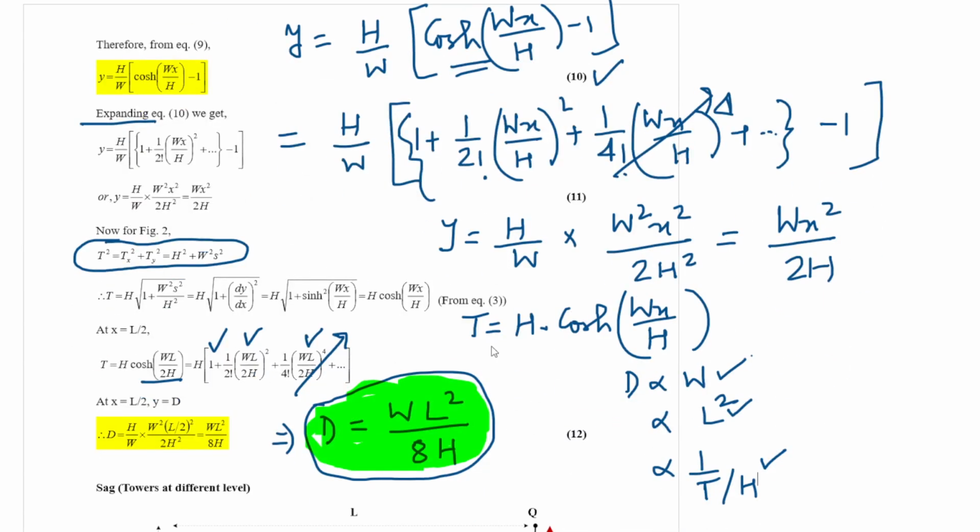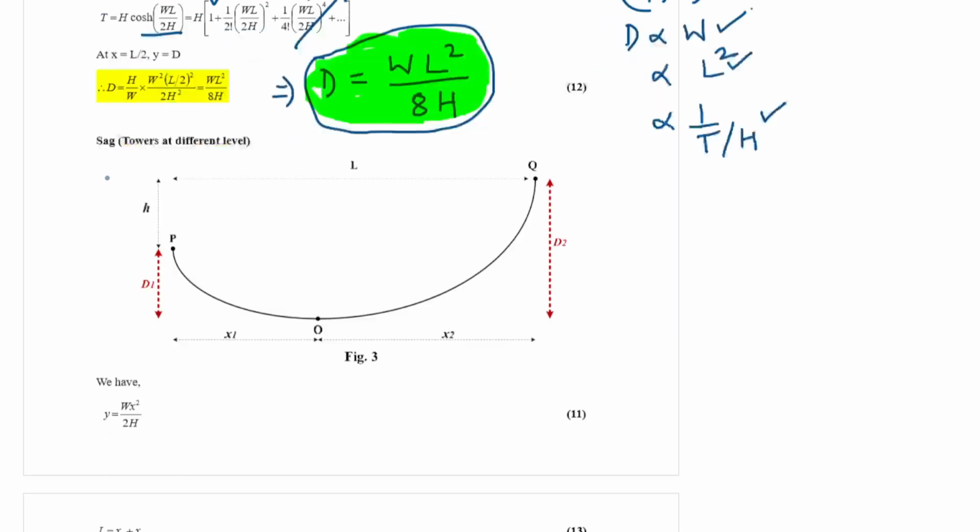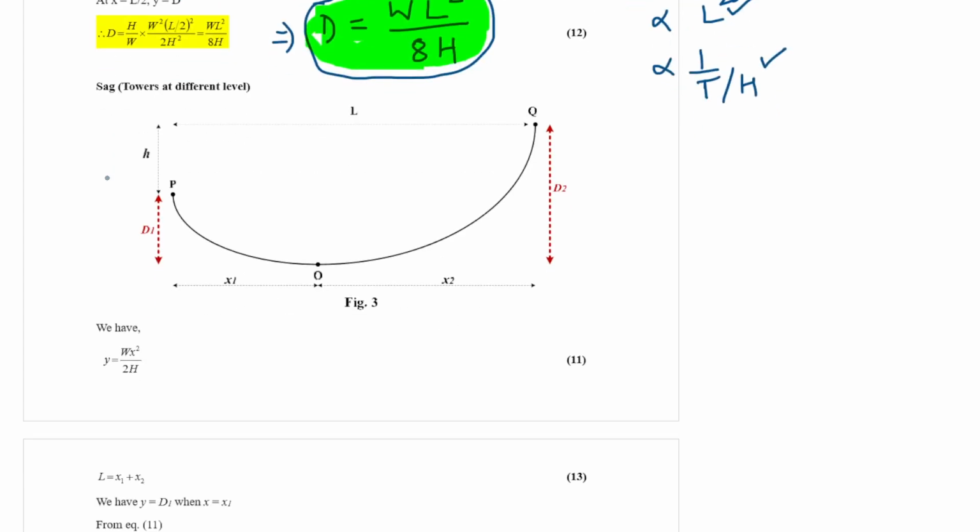Now this expression is also important, that is y is equal to w x square by 2h. You see this equation 11. It is required to determine the sag at any point.